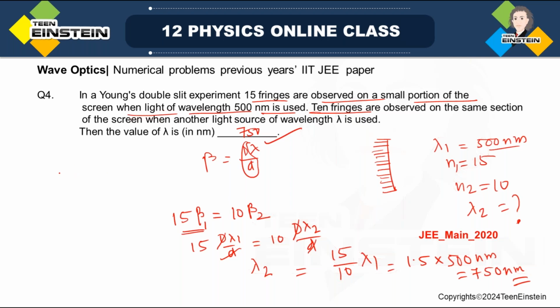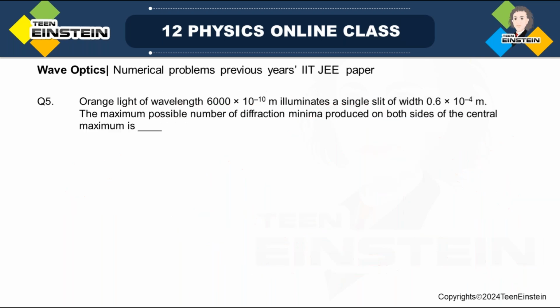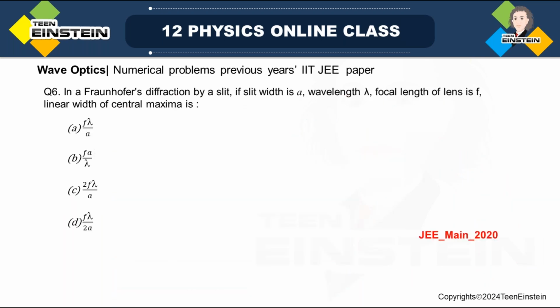So here you can do N1 lambda 1 is equal to N2 lambda 2. N is the number of fringes you see or want to see. This type of pattern itself is being asked in different sessions of previous years' questions. I'll refer to this question.